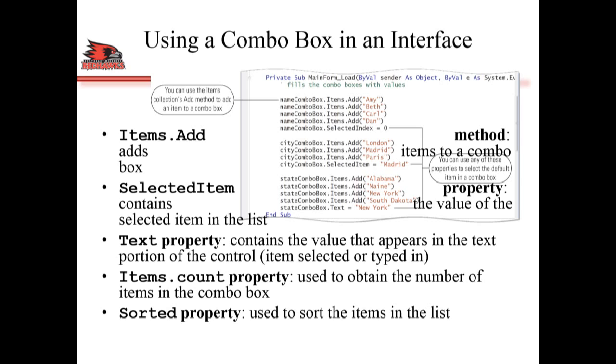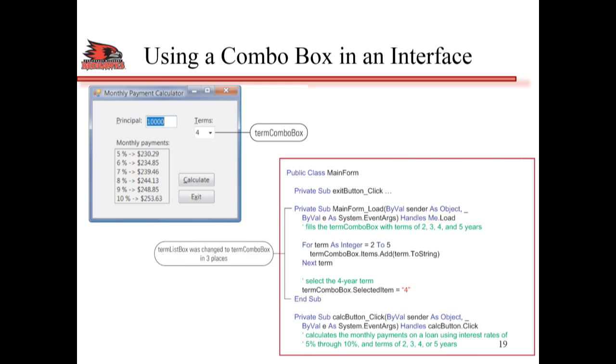So if you type in something in the combo box which is not part of the list, the index is going to change to -1 because it's not part of the list. So just to make you aware of that, it can have a -1 as an index.